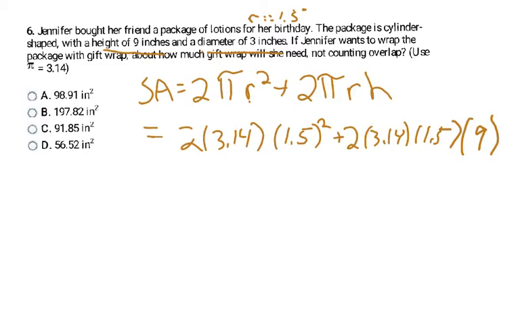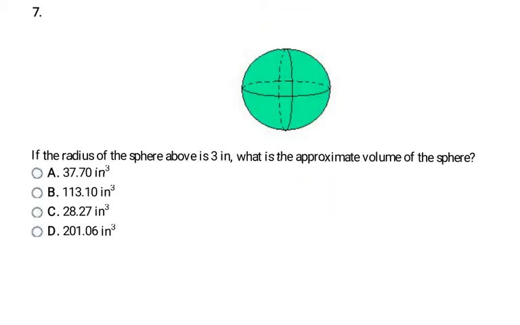Or you can follow order of operations, in which you would do this exponent first, and then the multiplication, and then the addition. Either way, you should get an answer of 98.91, which the unit here is inches squared, because you're working with area, so your answer is A.